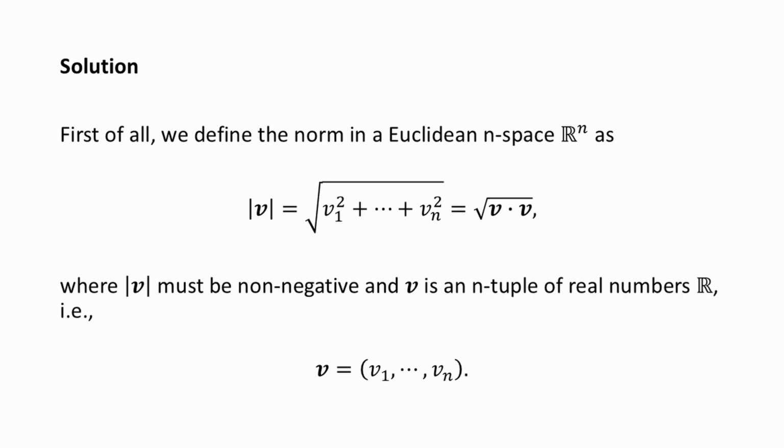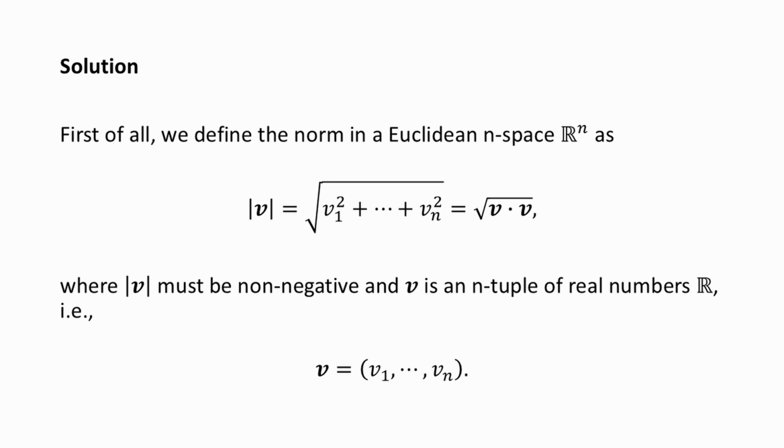So first of all, we'll deal with norms. We define the norm in a Euclidean n space R^n as the absolute value of v, where v is a vector in Euclidean space, equals the square root of v1 squared plus v2 squared plus up to vn squared, which equals the square root of v dot v, where the norm of v must be non-negative.